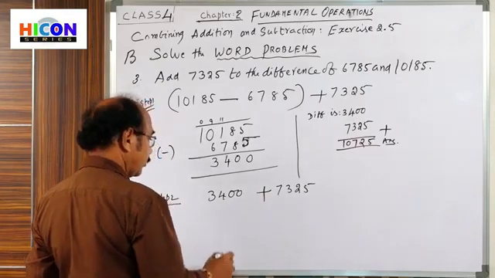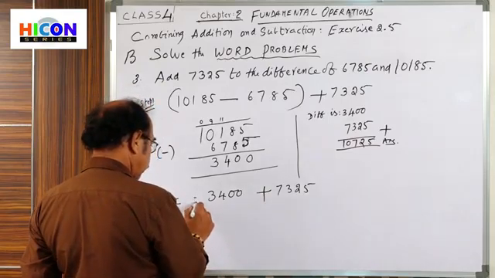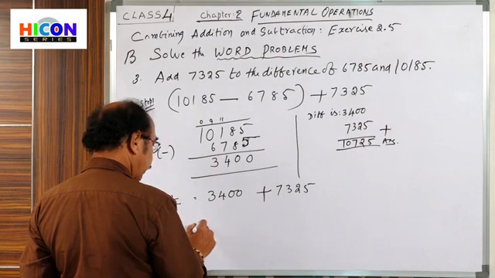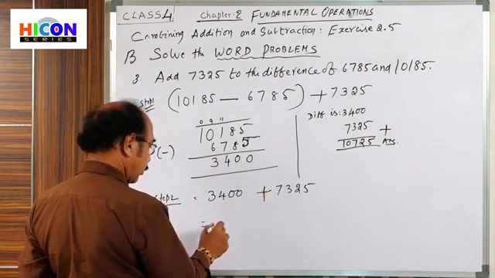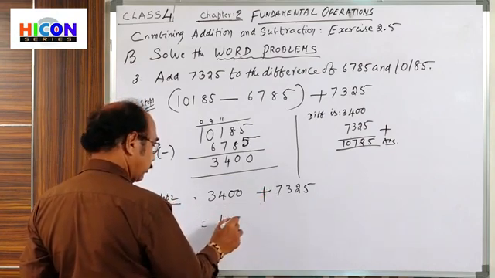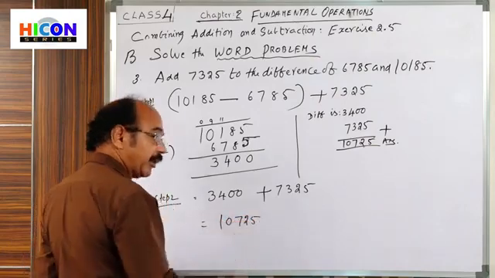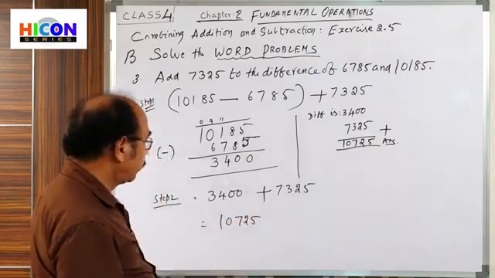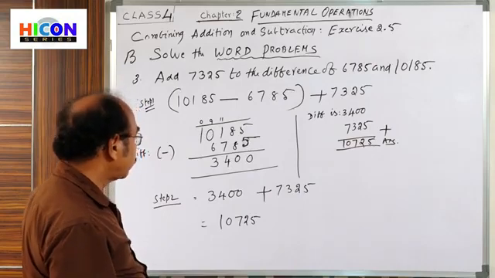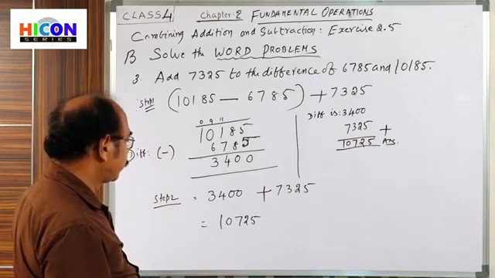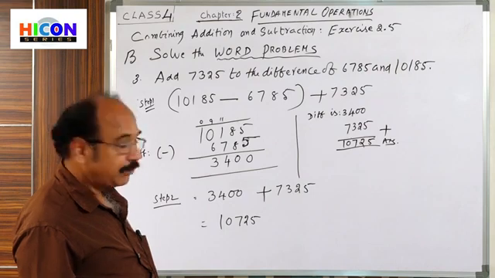Okay now. Next. Here, how much we got? 10,725. Okay, students.